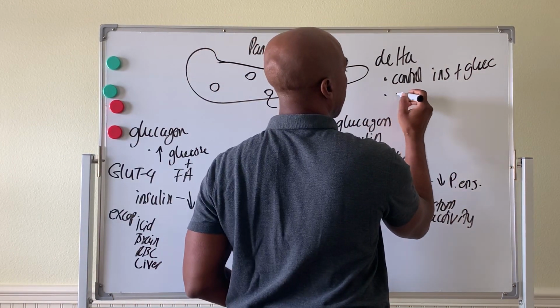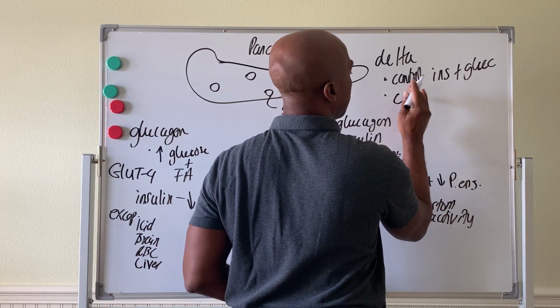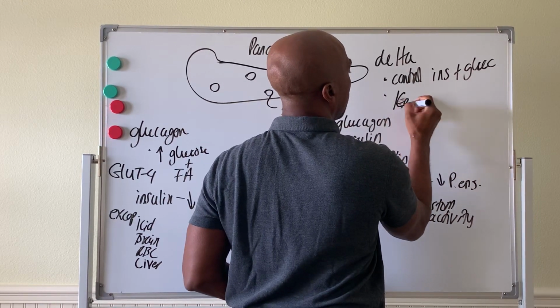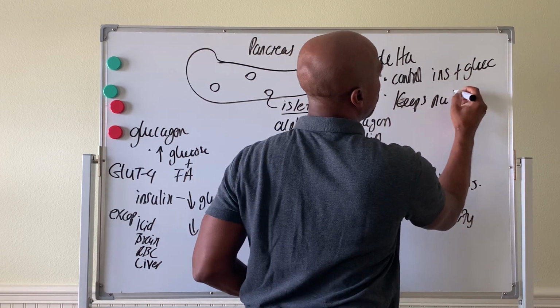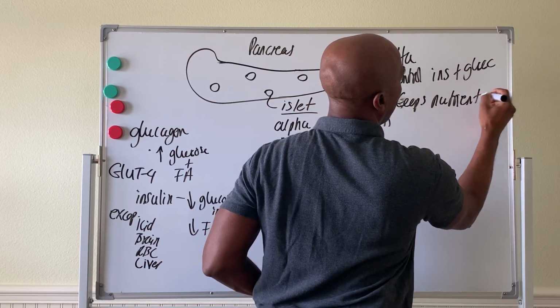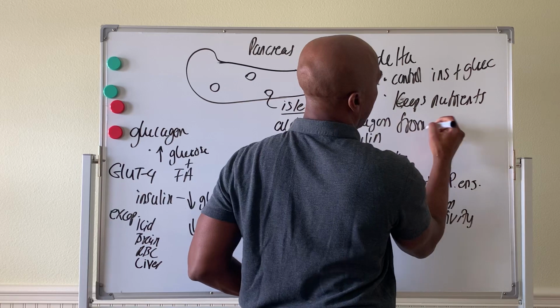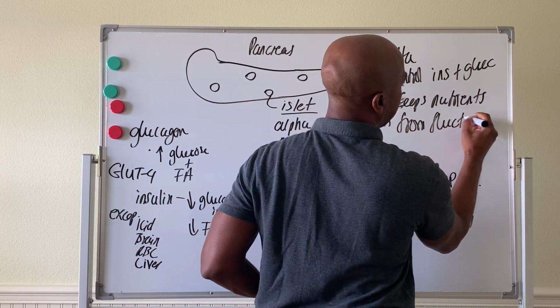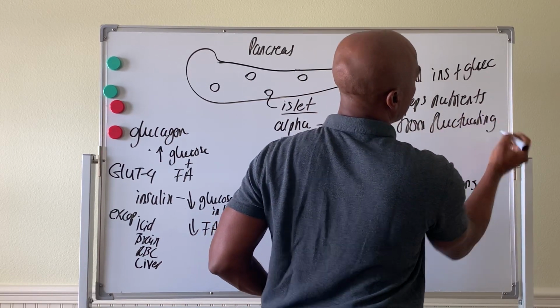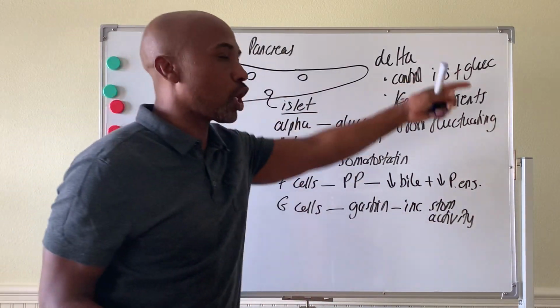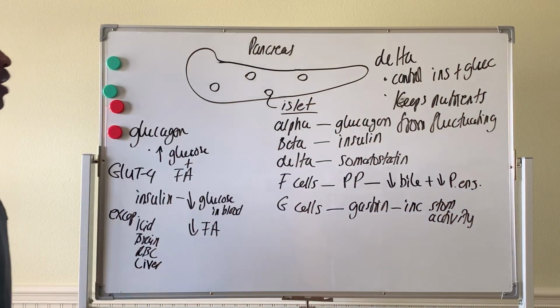It keeps nutrients from fluctuating too much in the blood due to the effect of insulin and glucagon, which will spike and depress the levels very dramatically.